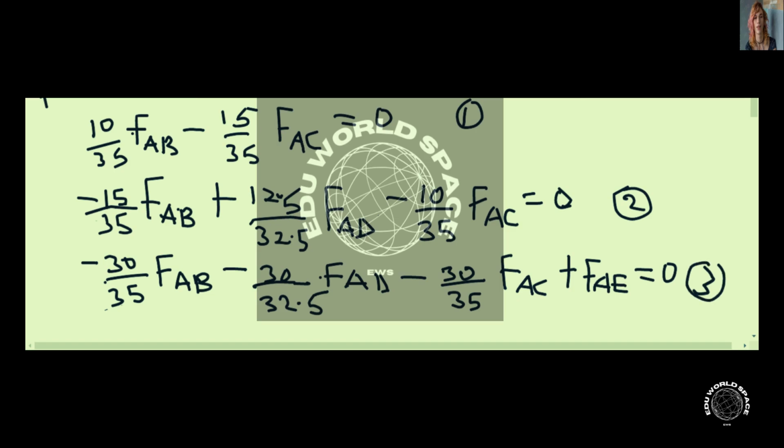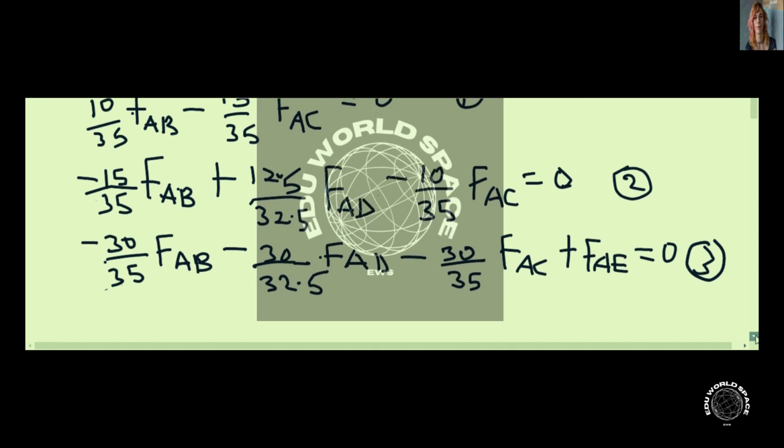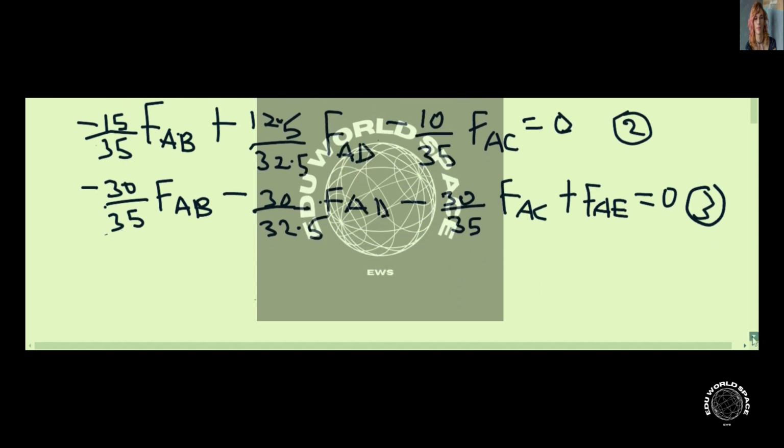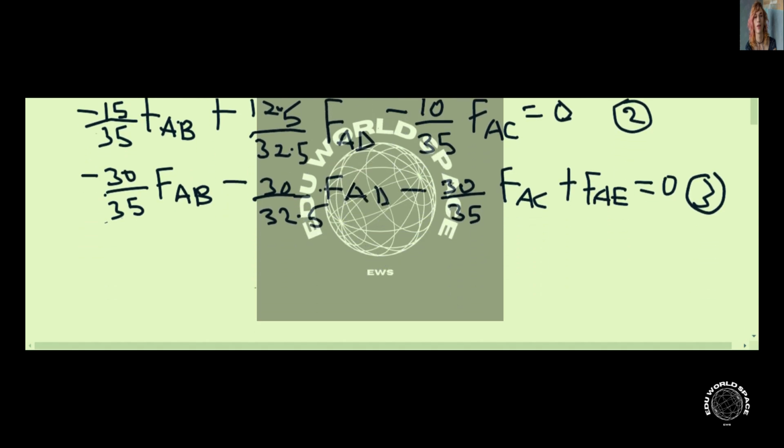Now, you can just solve equation 1 and get your FAC. We'll consider that for FAB, the maximum tension is 1000 lb. When we get our result, we'll plug the result of FAC into the other equations, into equation 3 or equation 2, and you get your answer for FAD.